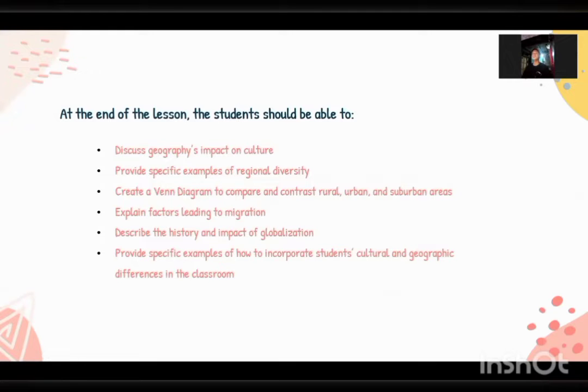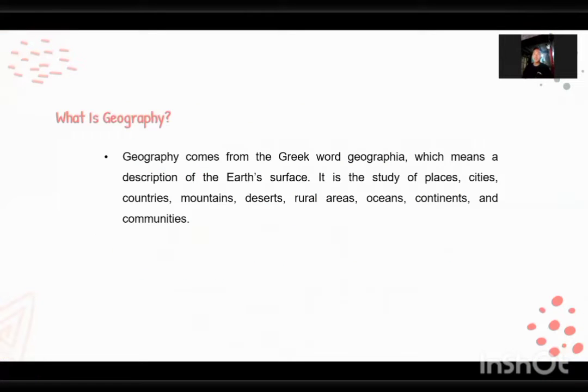At the end of the lesson, the student should be able to: first, discuss geography's impact on culture and provide specific examples of regional diversity; second, create a Venn diagram to compare and contrast rural, urban, and suburban areas; fourth, explain the factors leading to migration; describe the history and impact of globalization; and lastly, provide specific examples of how to incorporate students' cultural and geographic differences in the classroom.